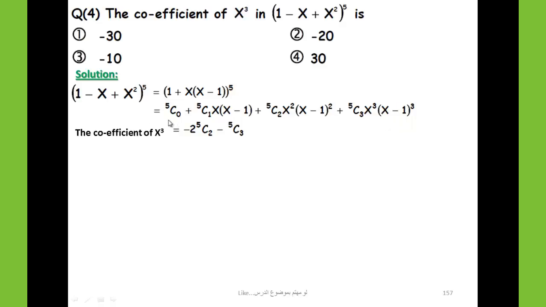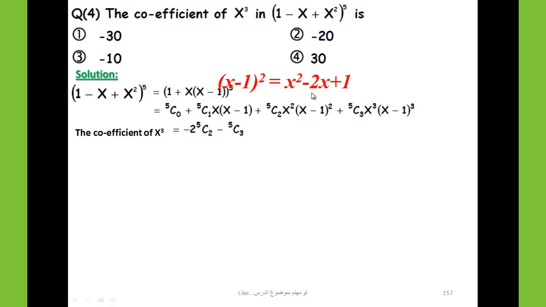In the first term there is no x power 3. In the third term we have x power 3 because (x minus 1) squared equals x squared minus 2x plus 1.